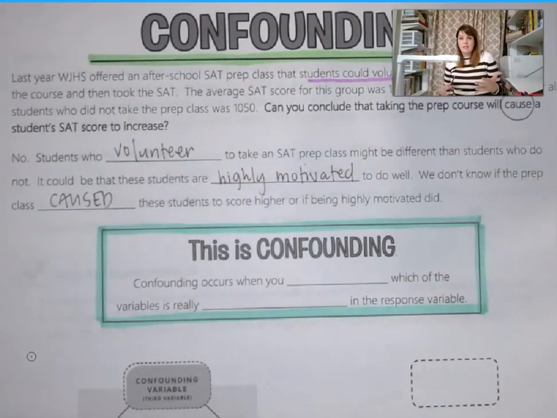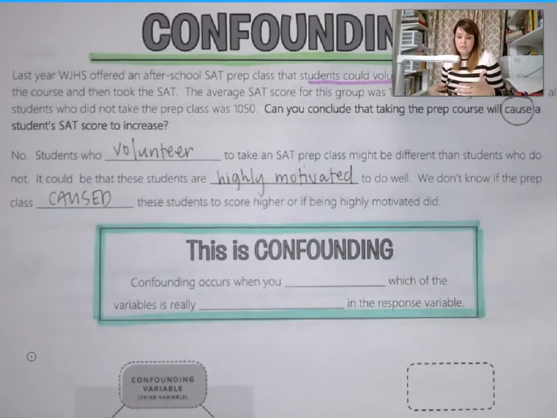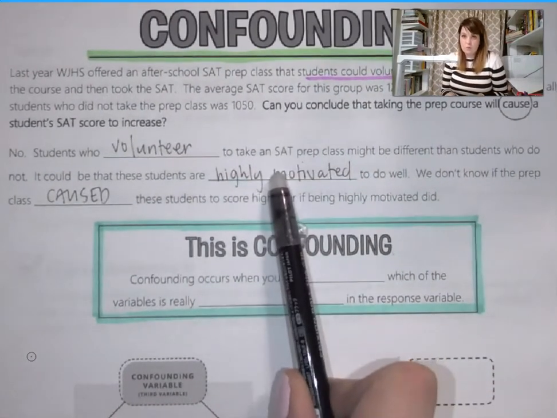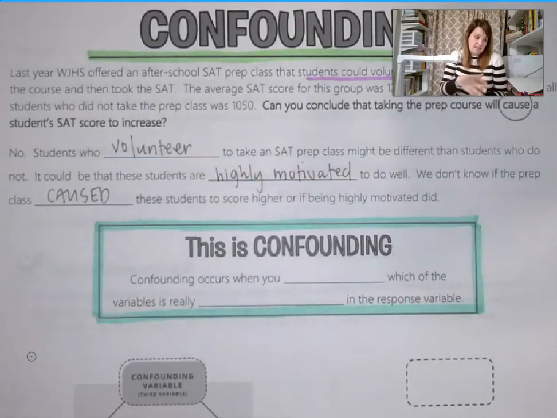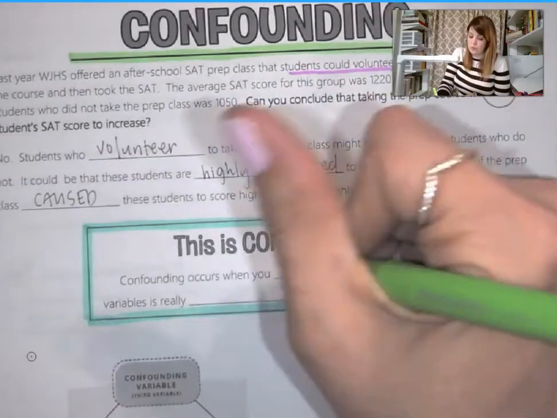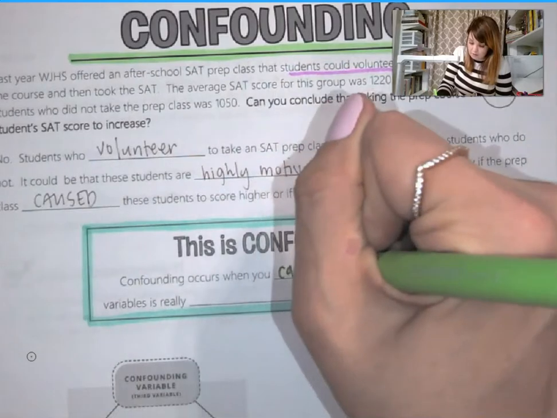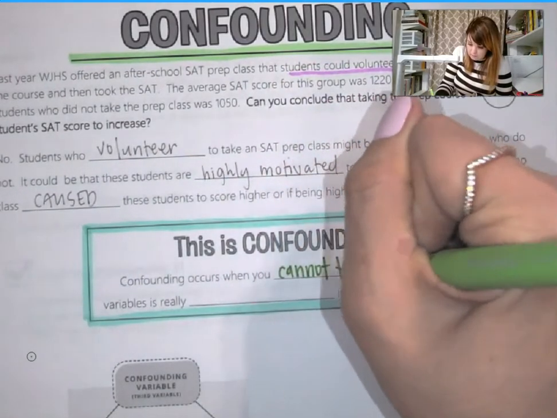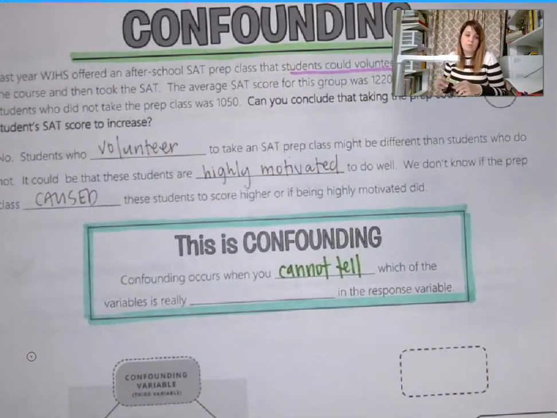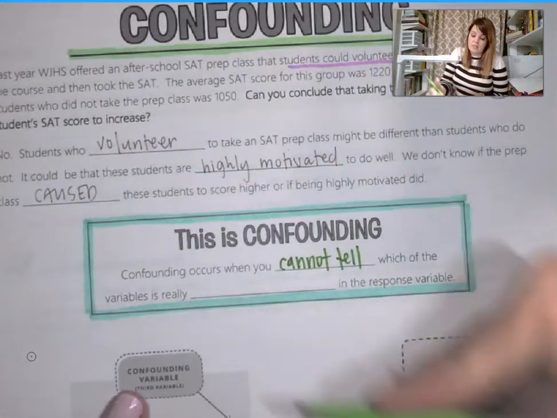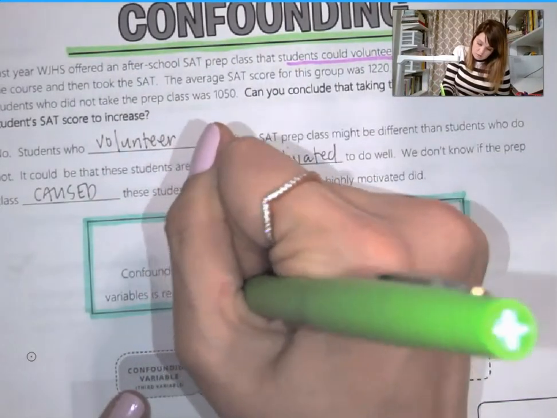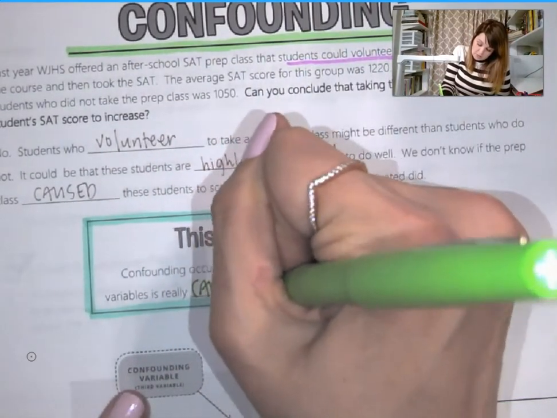So what we're saying here is it could be this other variable that is causing these SAT scores to be higher. This is confounding. Confounding occurs when you cannot tell which of the variables is really causing change in the response.